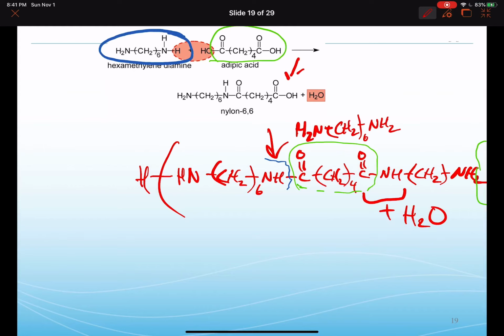So I've pulled out the hydrogen to indicate that we're not going to see an NH2 repeating in every repeat unit, but only an NH. If I were to stop here, I complete my blue piece, and if I keep going, I eventually get my green piece. And then to terminate that pattern right here, I would then allow for the pattern to continue. So here we have both units captured, and ultimately that would be the repeat unit there.